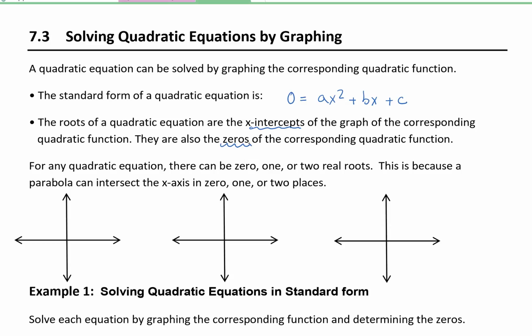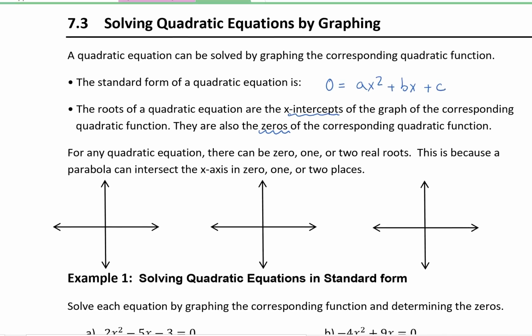This is because a parabola can intersect the x-axis in 0, 1, or 2 places. Okay, so if we look at these three possibilities, your quadratic could be floating, right? Like you can have it sitting something like that, where it's not actually touching.